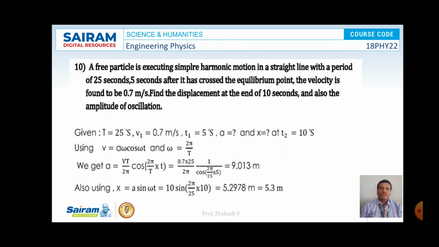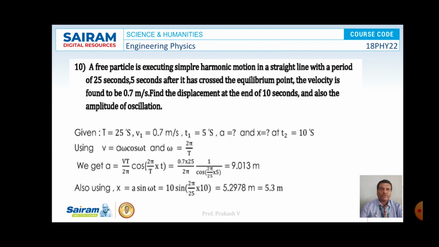So here the value of period is 25 seconds and the velocity is 0.7 meter per second and time taken is 5 seconds, and what is the maximum amplitude and also displacement after t is 10 seconds, that is at the end of 10 seconds. So the value of A is given by VT by 2 pi cos 2 pi by T into t.